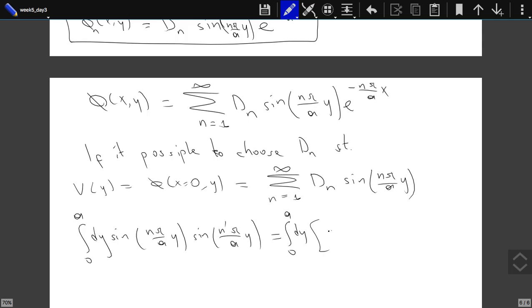This will be equal to 1 over 2, cosine of n minus n prime over a y minus cosine of n plus n prime over a y. I can just write the product of two sines as the difference of two cosines. The arguments of these two cosines are the difference of the angles over there and the sum of the angles over there.